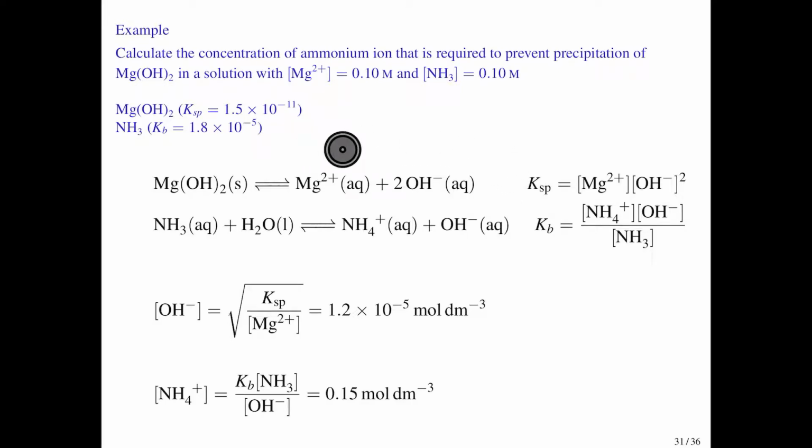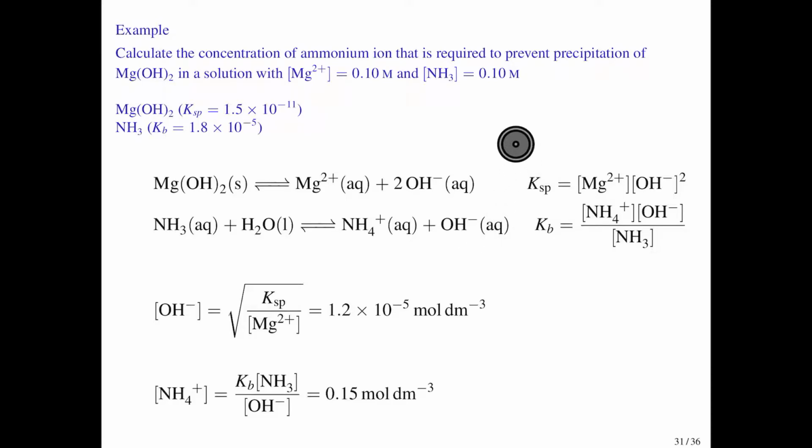We essentially want to prevent this reaction from precipitating. The other reaction at work here is the base dissociation reaction for ammonia. Here, ammonia grabs a proton from water. That forms the ammonium, which is the concentration we're trying to find, and it gives us some hydroxide. And so we see that these two equations overlap with the hydroxide ion species.